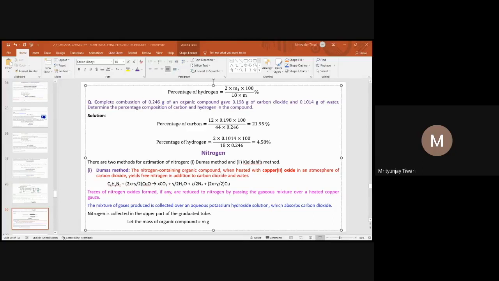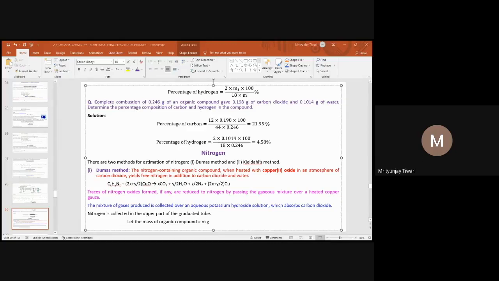This gives 21.95%. Just the way we have derived this equation, you can also calculate it easily.